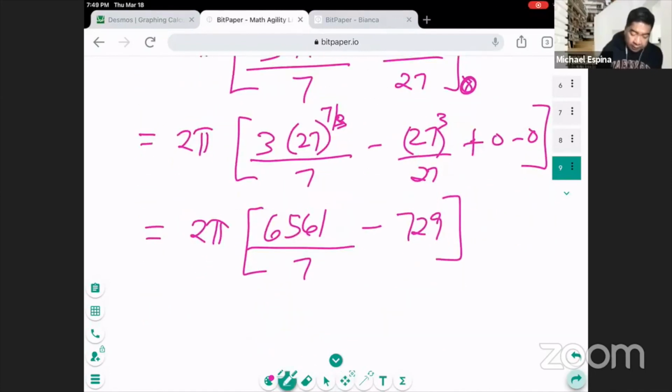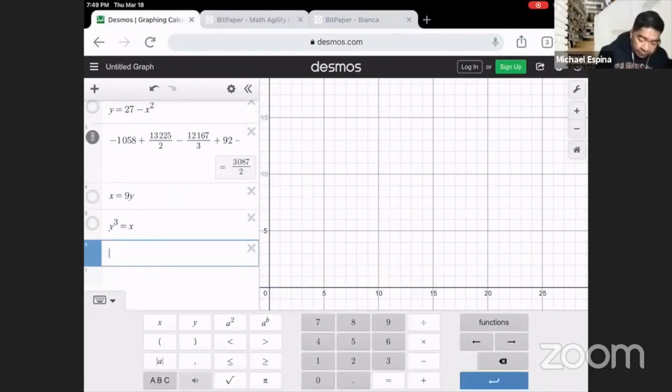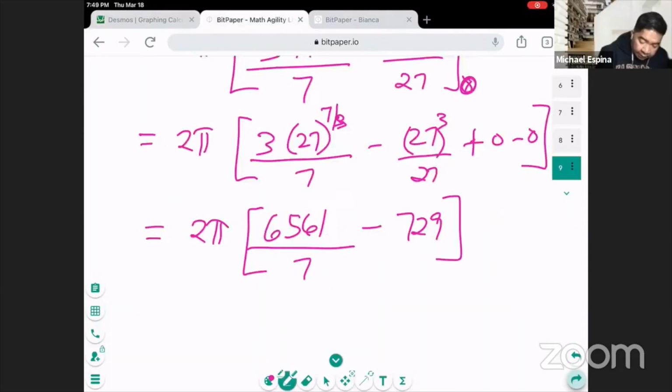So 6561 divided by 7 minus 729 would give us what?